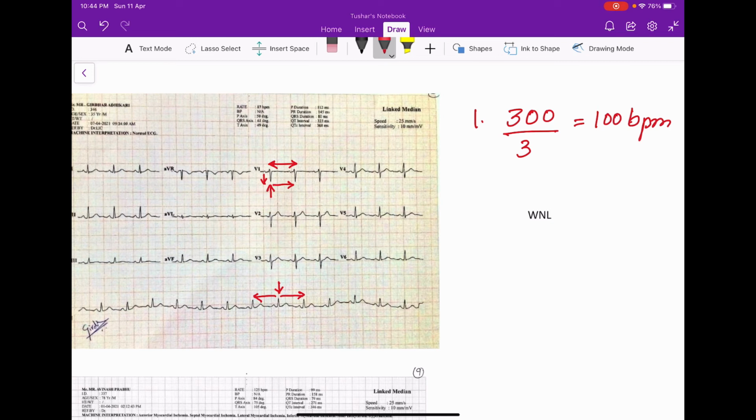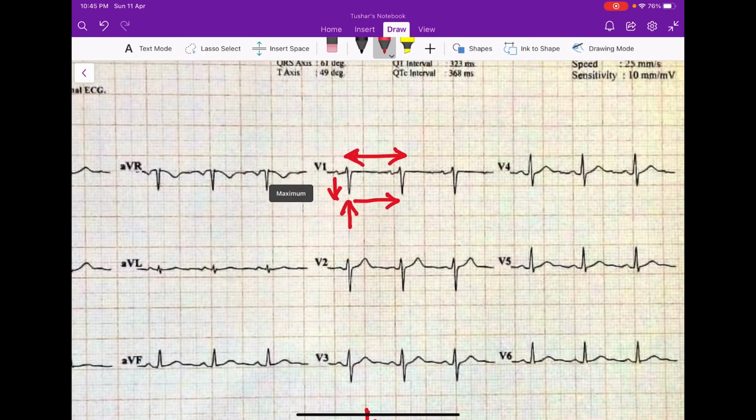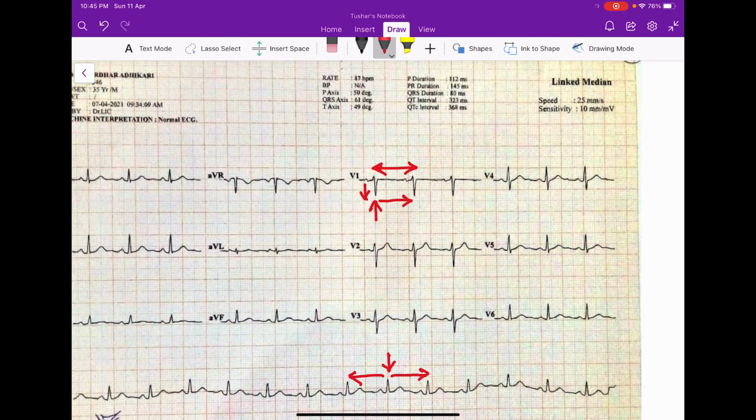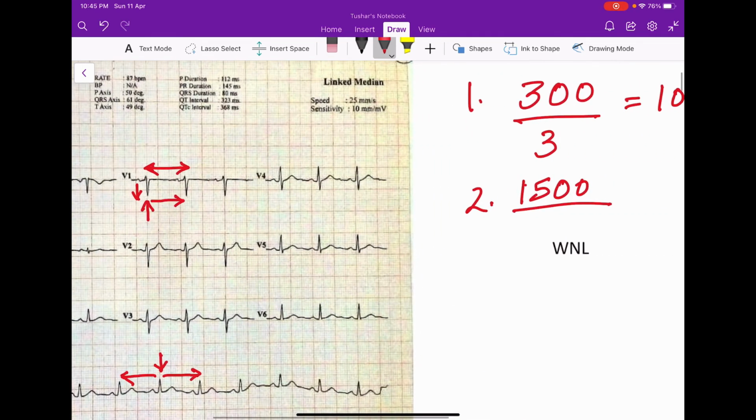Now, by using the second method, which I have already mentioned, is the exact method. The formula comes as 1500 divided by the number of small squares. If I calculate the number of small squares, they come to be almost 18 small squares.